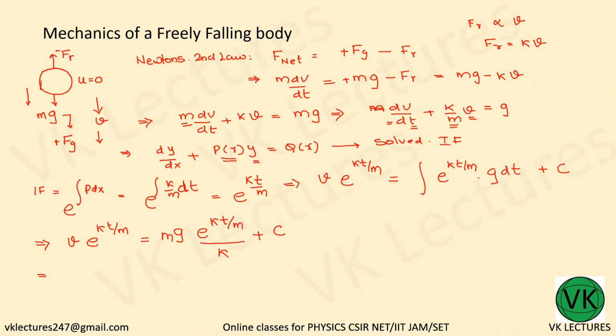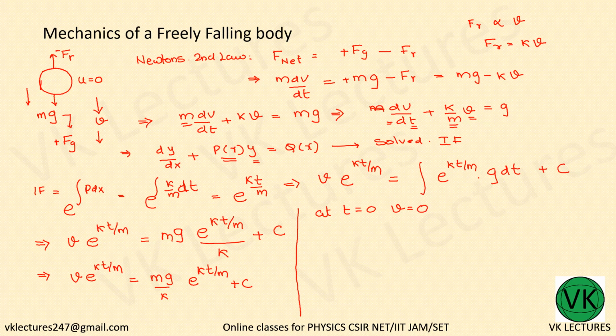Now again you can write it as v into e to the power kt by m equal to mg by k into e to the power kt by m plus c. Now let us put the initial condition that we know. At time t equal to 0, the velocity is equal to 0.